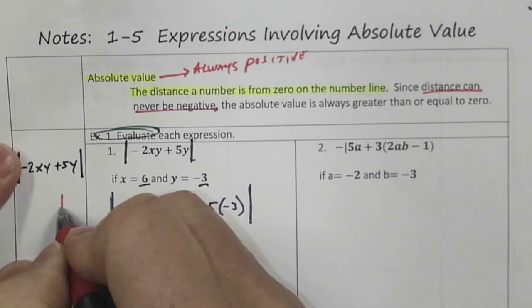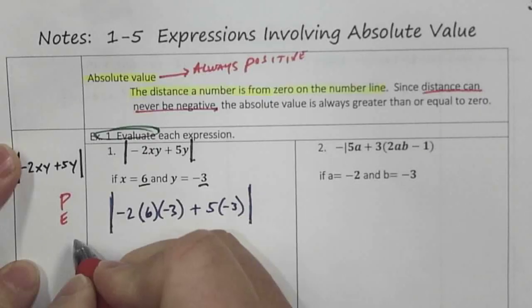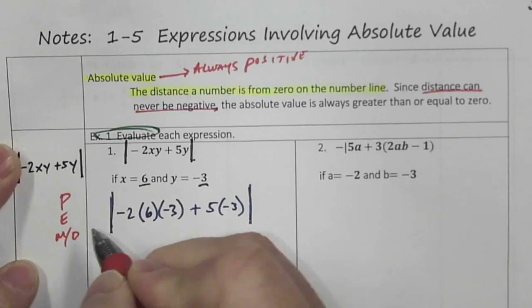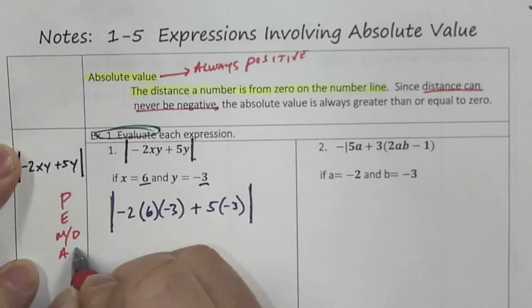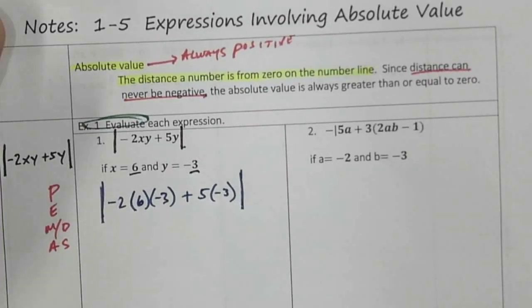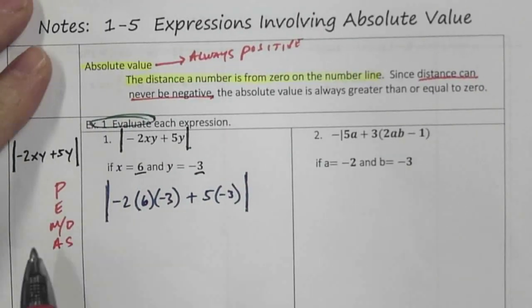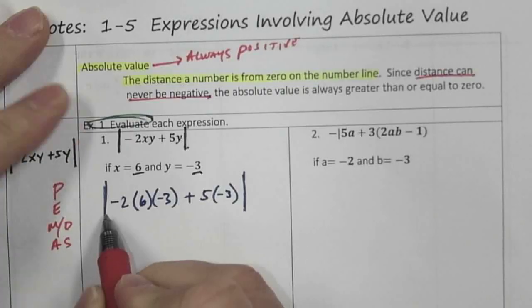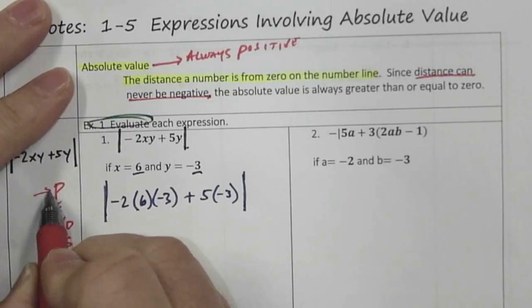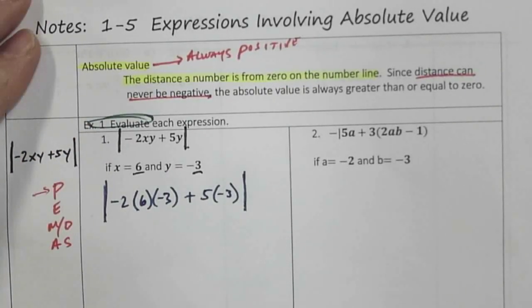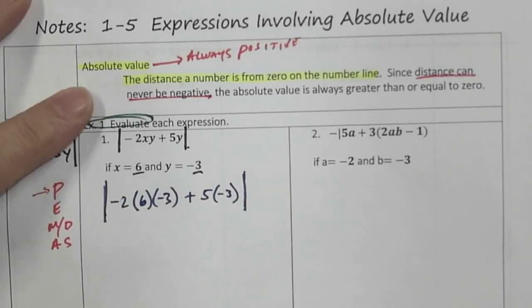So we're still doing order of operations: parentheses, exponents, multiply and divide left to right, add and subtract left to right. So if we look inside, the absolute value is kind of in this parentheses mark. Do things inside the absolute value first.